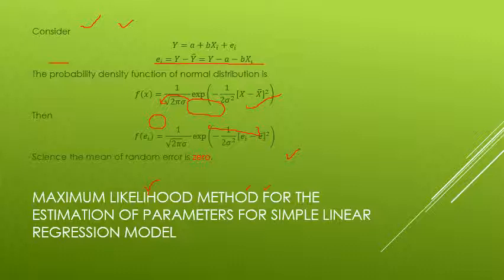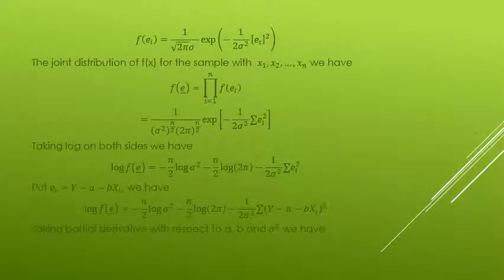We already know that summation ei is equal to 0. Since the mean of the random error is 0, we put 0 over here and we get the result. Now, this is the normal distribution function for errors.